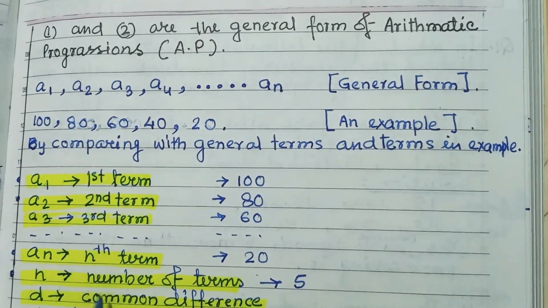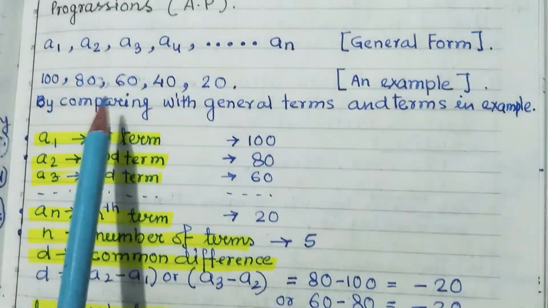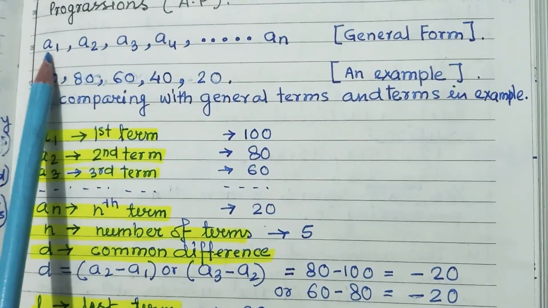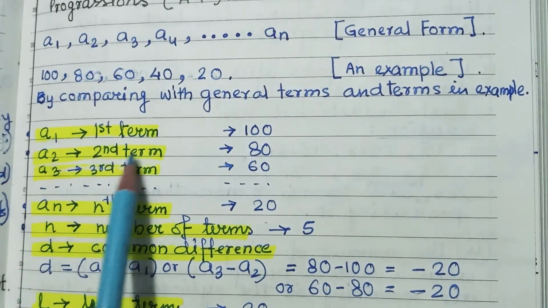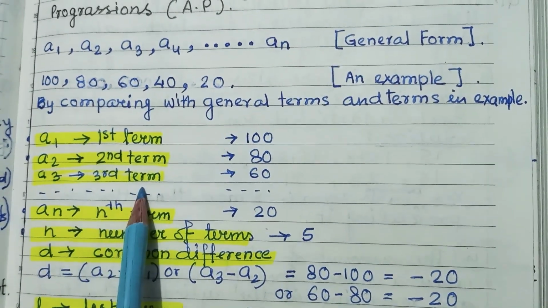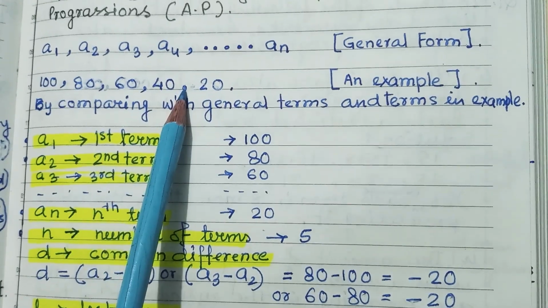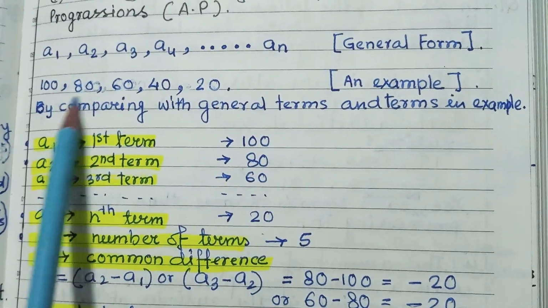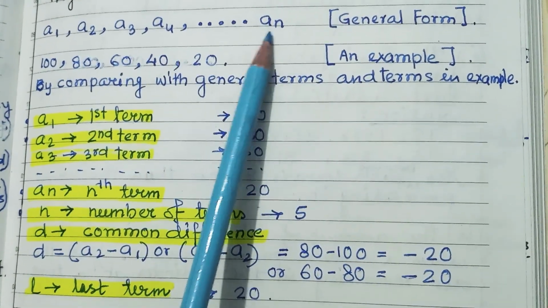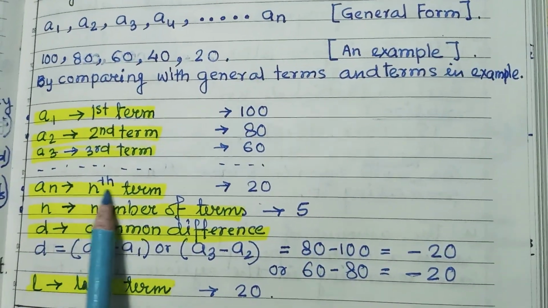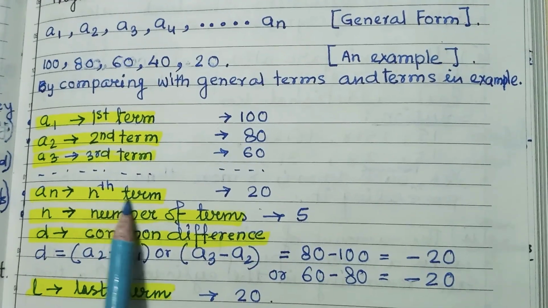These terms are related to the AP; we have to know that. So A1 is the first term, A2 the second term, A3 the third term, and so on. Next, in this way an is called the nth term, where n is the number of terms.